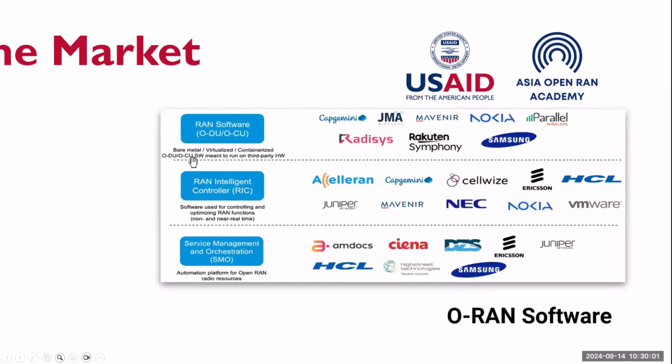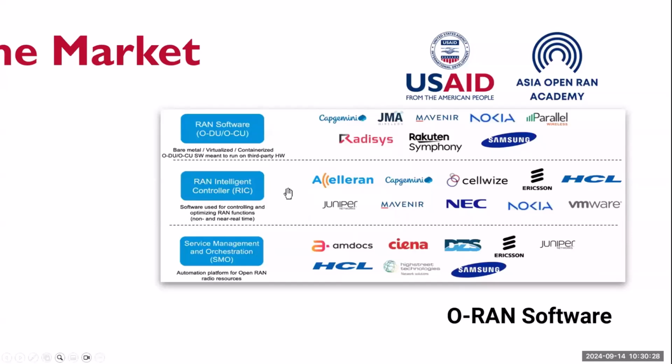So these are the software ng distributed unit and the centralized unit that is meant to run on the third-party hardware. So nandyan sila Capgemini, JMA Wireless, Mavenir, Nokia, Parallel Wireless, Radisys, Rakuten Symphony, and Samsung. Okay, so again, it's not only the list. No? There's a new players coming in.